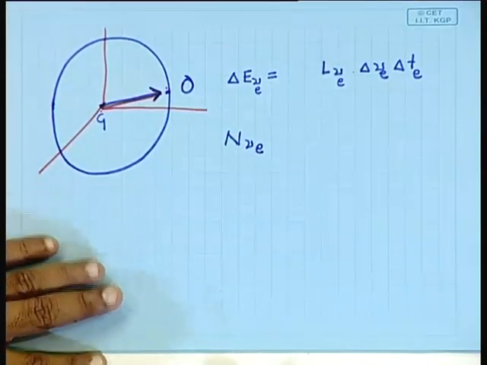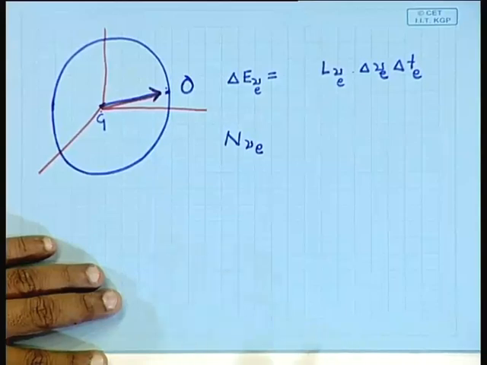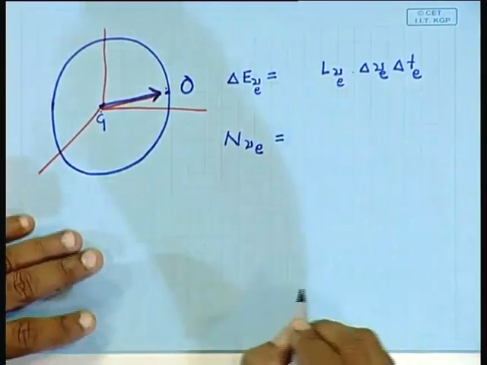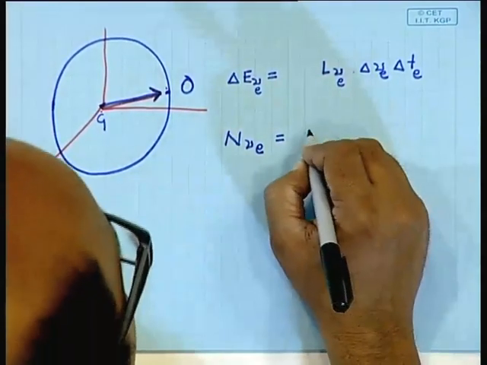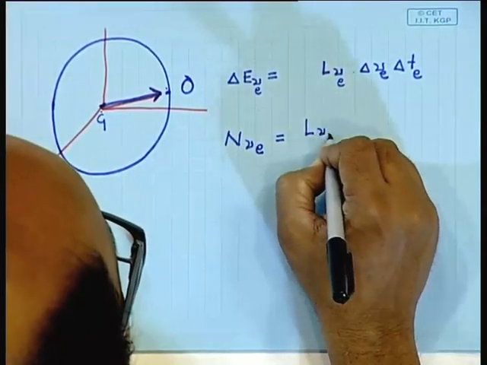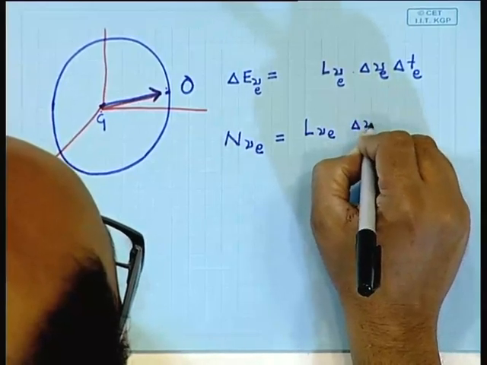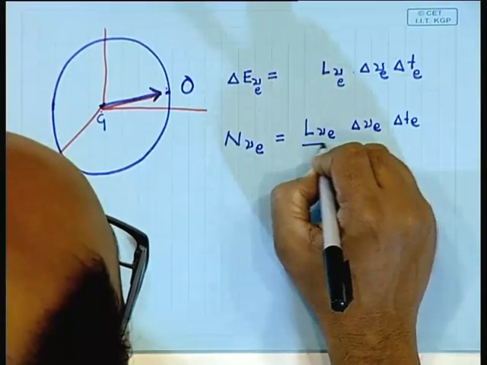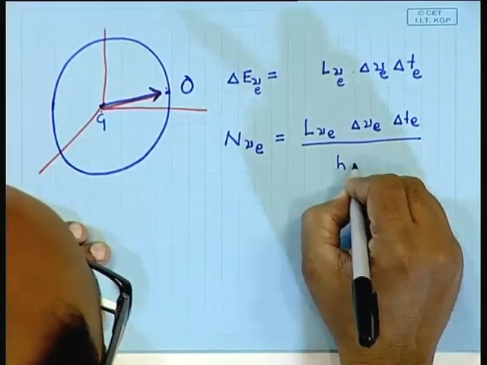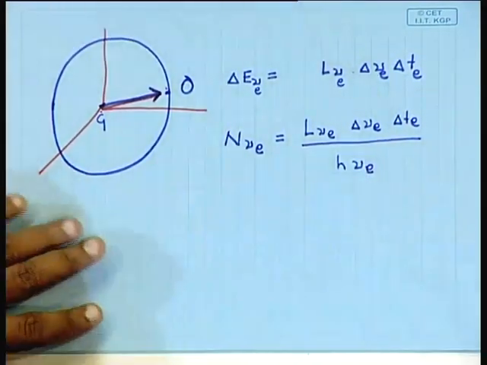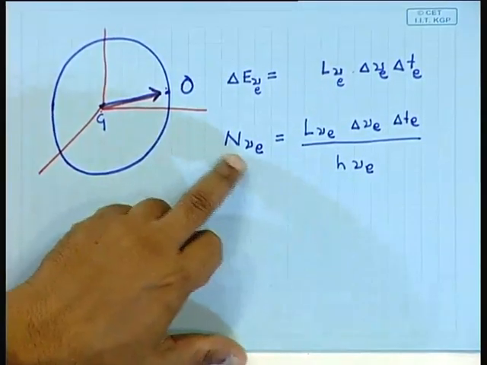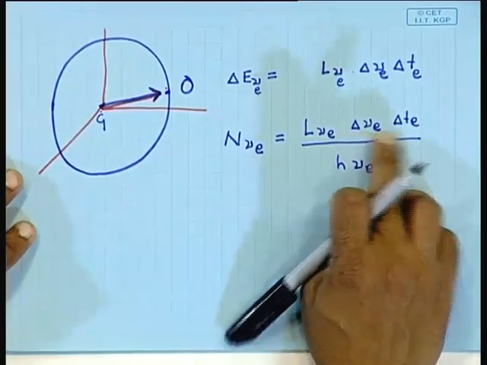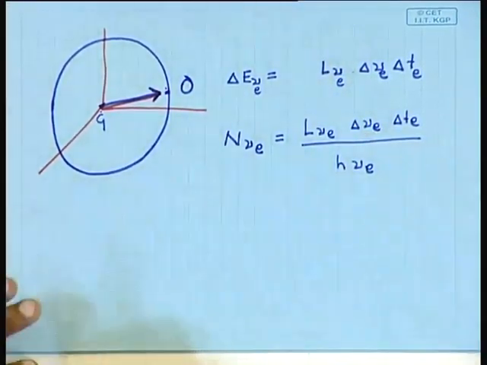You just divide it by the energy of a single photon, which we know is h nu. So, we have to divide L nu emitted, delta nu emitted, delta T emitted by h nu emitted. This is the number of photons emitted in a time delta T emitted in the frequency interval delta nu emitted.